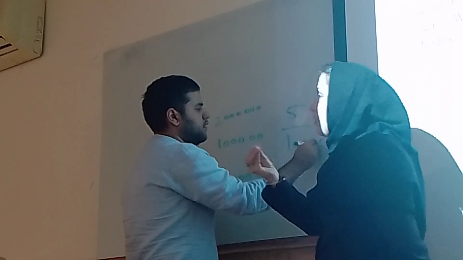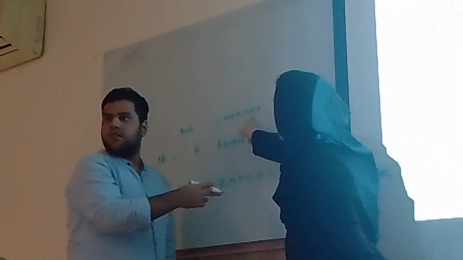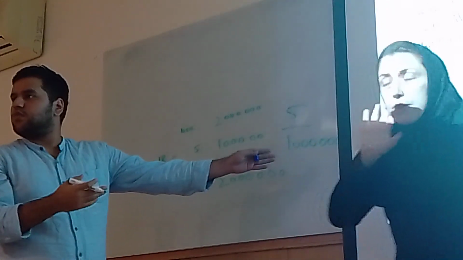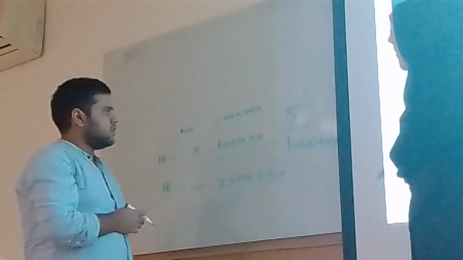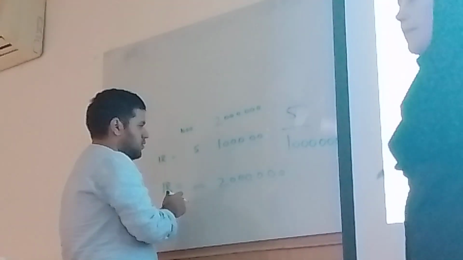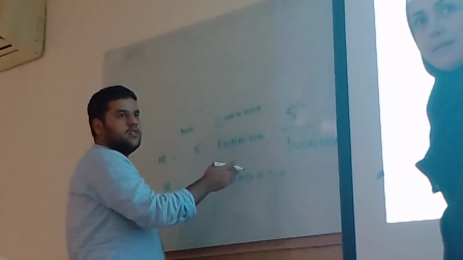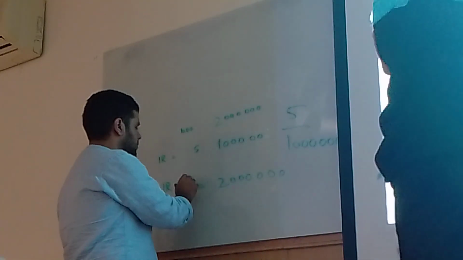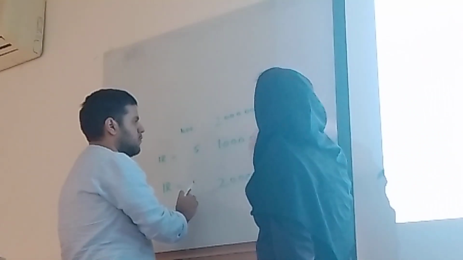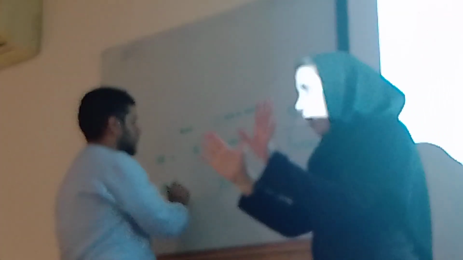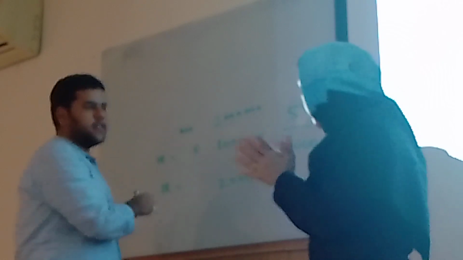How many newly diagnosed among these 2 million? It will be 100, because 2 million is 20 times 100,000. Yes, it will be 100.